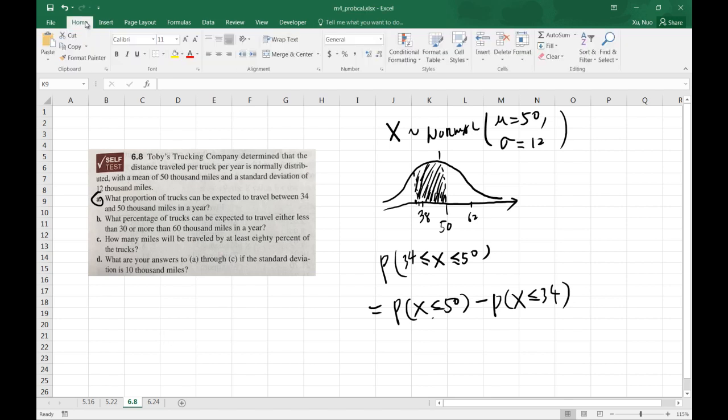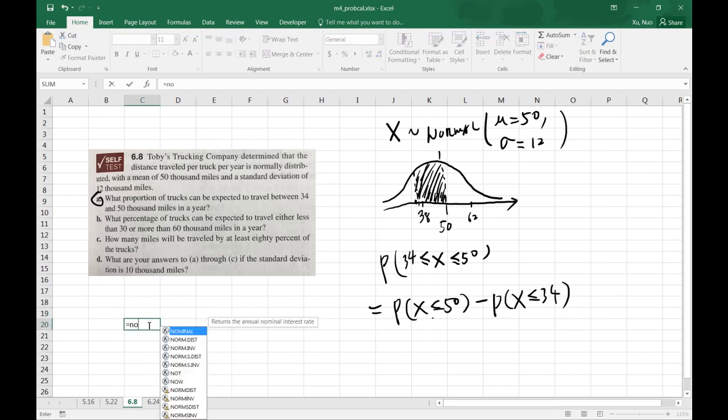Now let's take a look at the function itself. Normal distribution. So the x value in this case, let me show you how to calculate this part first. The x value is 34. The mean is 50. The standard deviation is 12.